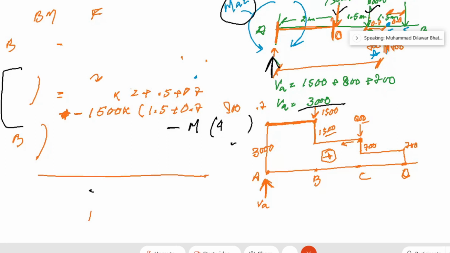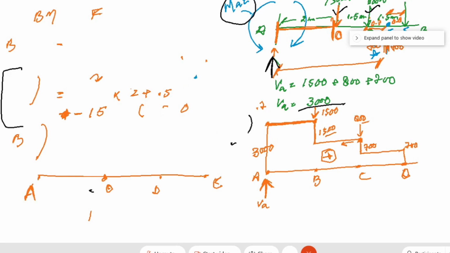Now, for example, at point E, this is point D. Let's say this is our point O, and this is our point A. Now I have to draw the bending moment diagram for the same cantilever.